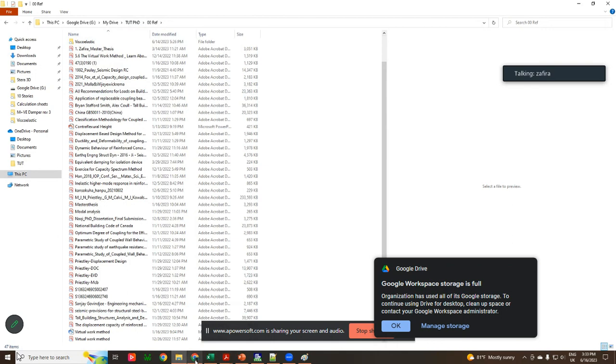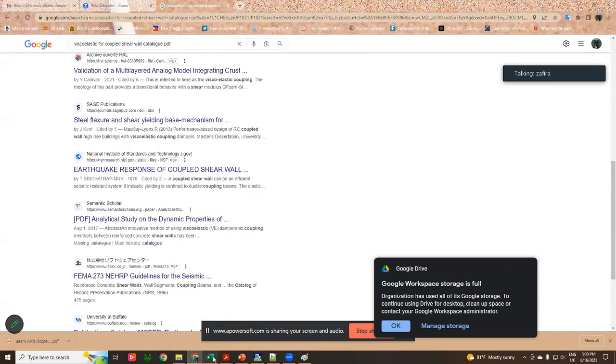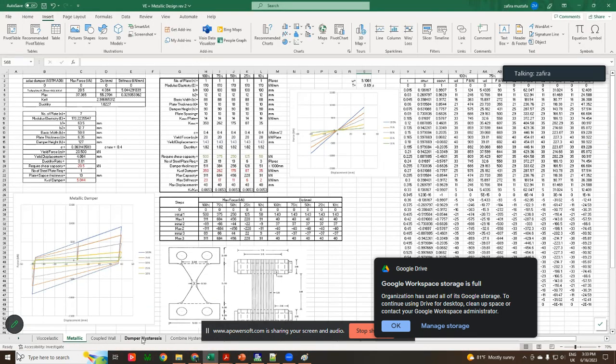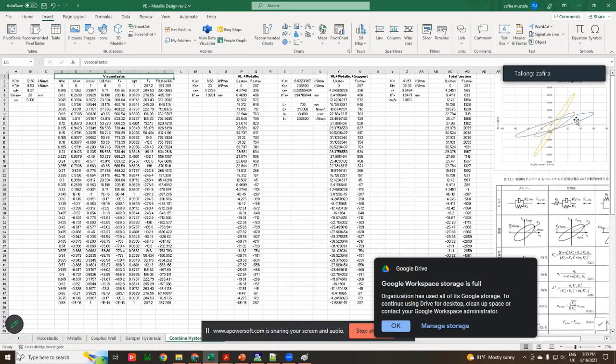I forgot where it is. And then this one I cannot use, sensei, this formula.